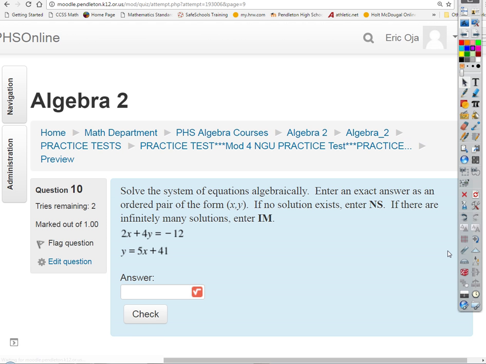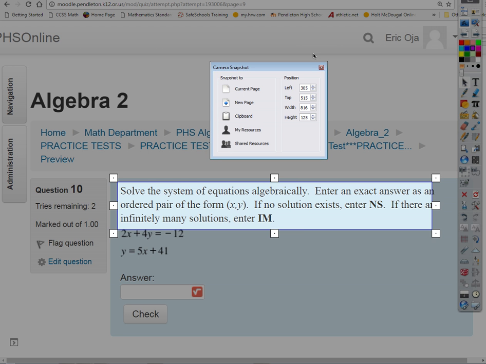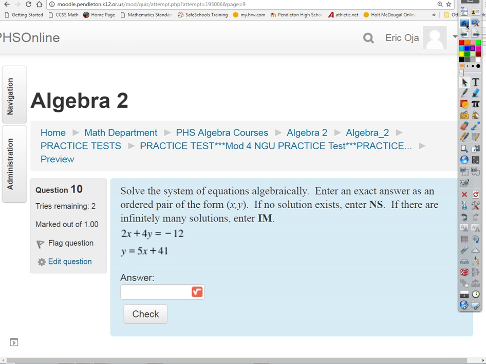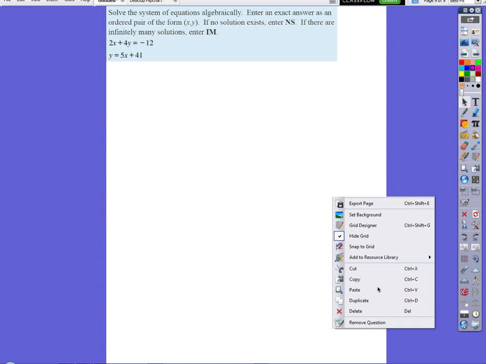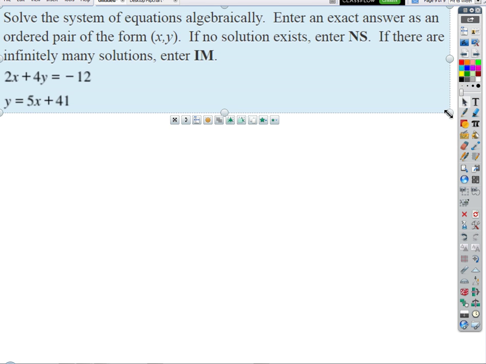Okay, so now we're on to solving a linear system. What technique are we probably going to use to solve this one? Substitution, sure. It's already solved for y, isn't it?